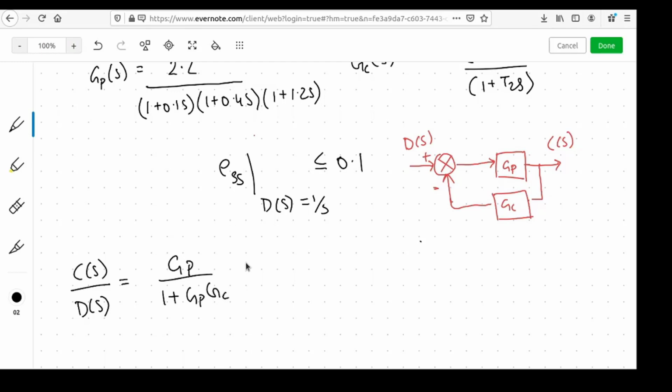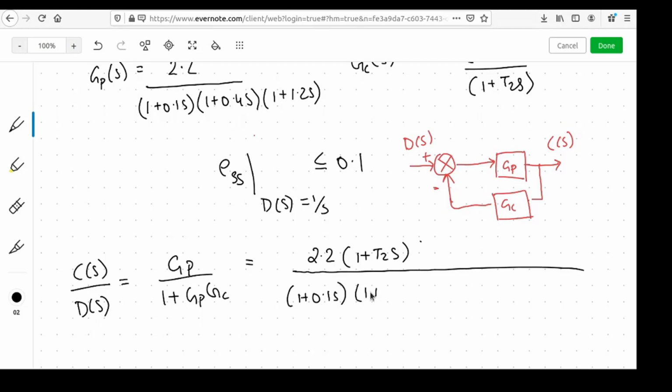You can substitute Gp and Gc here. So you'll get 2.2 times (1 + T2s) divided by (1 + 0.1s)(1 + 0.4s)(1 + 1.2s)(1 + T2s) plus 2.2k times (1 + T1s).